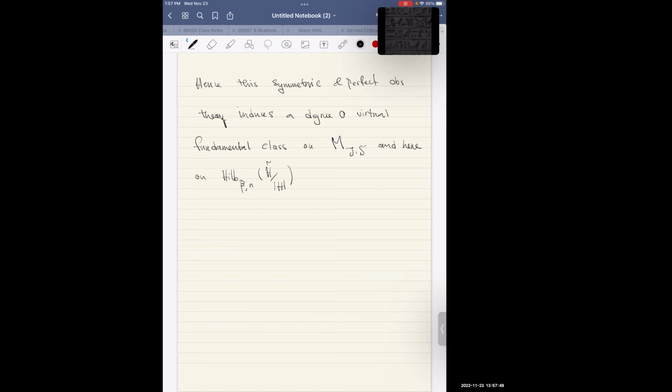Therefore, we define the new invariants. I'm going to call them invariants that depend on the ample class of that surface, the curve class, and the number of points. We define it as an integral over the degree zero virtual cycle, the integral of 1, because this sits inside the degree zero Chow homology of the relative Hilbert scheme.